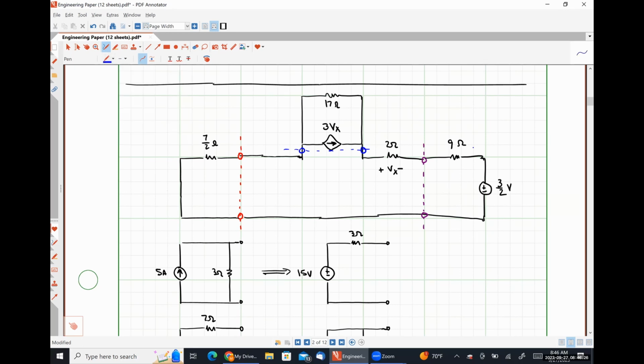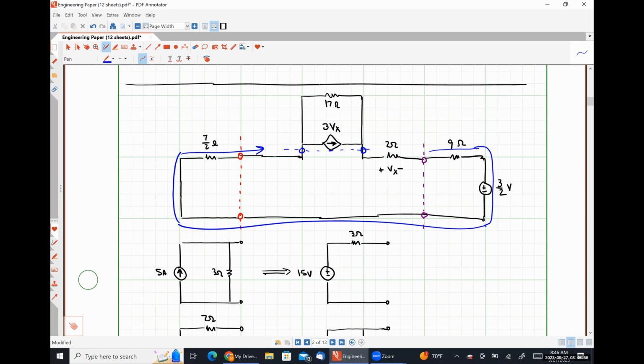So hopefully it should be fairly obvious that they have the same current flowing through them. If they have the same current flowing through them, they're in series. So it doesn't matter where they are. It doesn't matter on the left-hand side or the right-hand side. They just appear far away because of the way that I've drawn them.